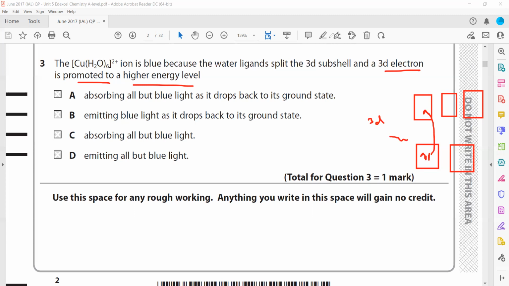They mention it appeared to be blue in color. So why did it appear blue? All the radiations are coming towards this electron. It absorbs all of them, and only blue is not absorbed. Because if blue is not absorbed, that blue will pass through, and that's why this substance will appear to be blue in color. So you're absorbing all but blue light. So C will be the right answer.